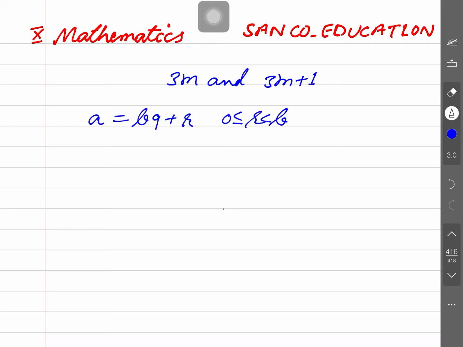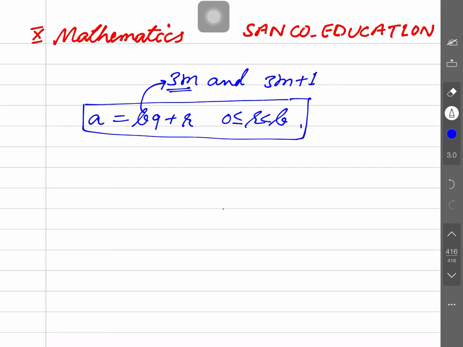Remember, this is the central idea of the chapter, and it is to be used to solve such questions. First we have to prove the positive integer is of this form, and later its square is to be done. So compare this: b must be 3, but q could be some positive integer.